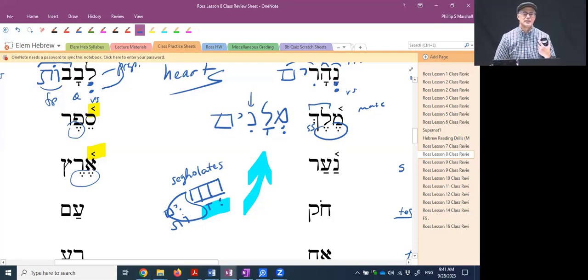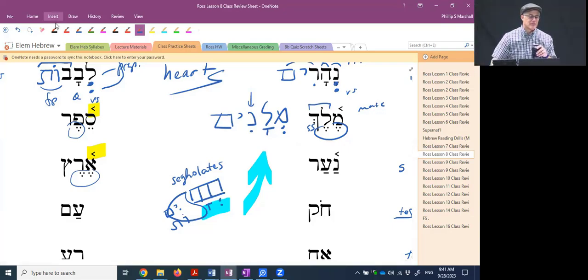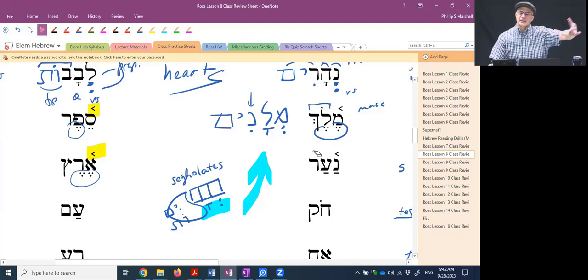So the silent shva is not going to stay there. That's the reason it falls out, because it's no longer closing it. And the final kaf is one of the only two consonants that ever takes a silent shva at the end of a word. So that's the only place I'm going to see it. If I start attaching things to it, that silent shva goes away.